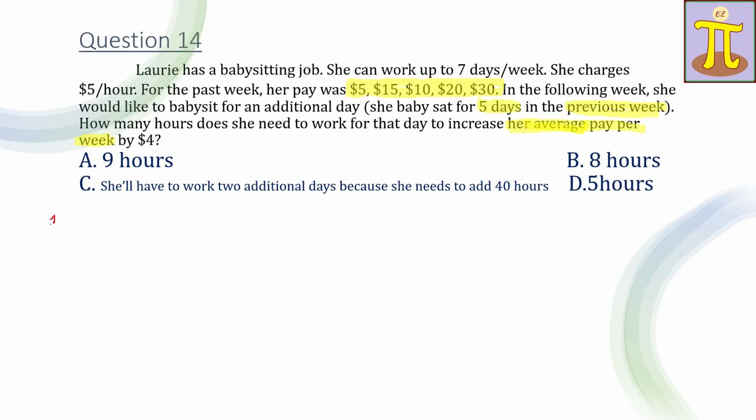Okay, so step number 1, we find the average of the previous week. This one will be the total amount she earned from 5 days of working, which is 5 plus 15 plus 10 plus 20 plus 30, all over 5.